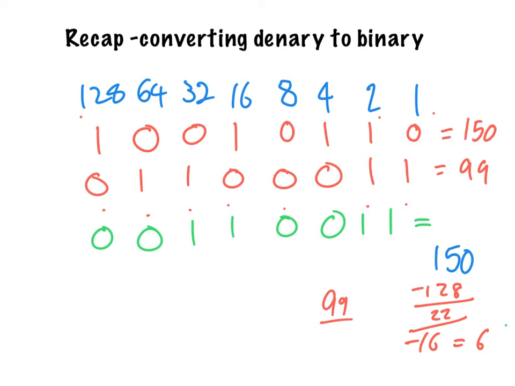We ignore the 128 and the 64, but then we say 32 plus 16. Okay, the two numbers that we have here, plus 2 plus 1. Okay, and if you add all those up, we're going to get 48, 50, 51. Okay, so hopefully we can remember that from National 5.